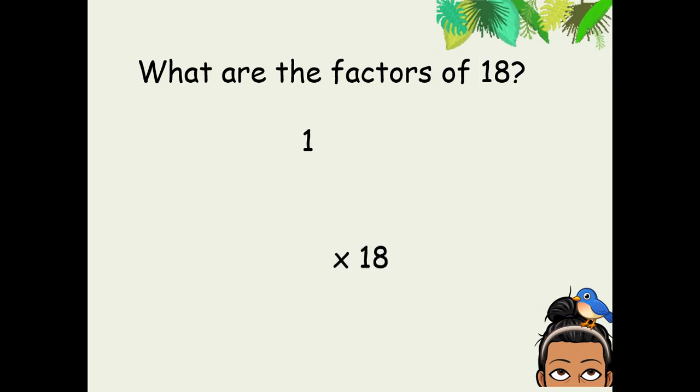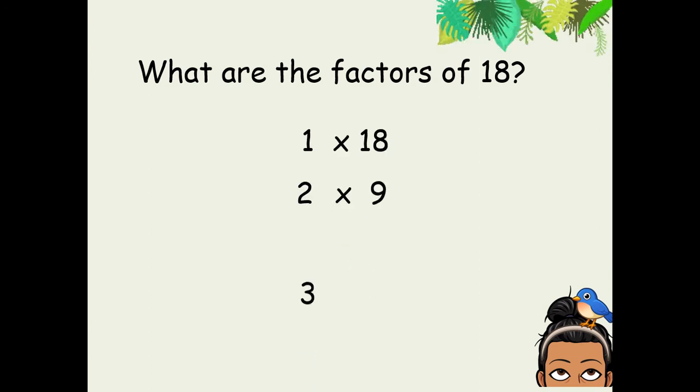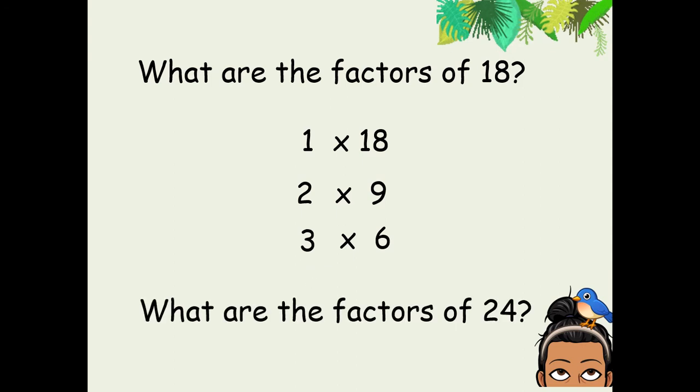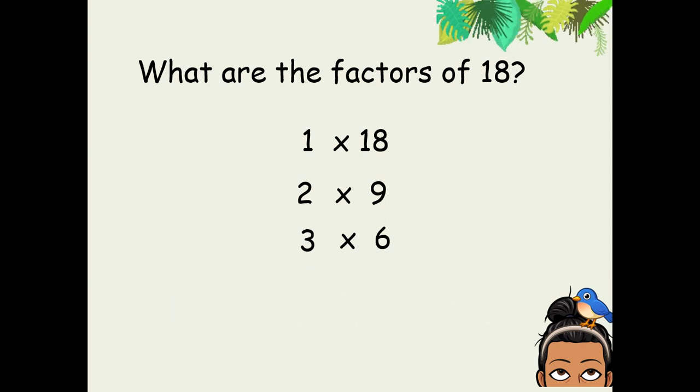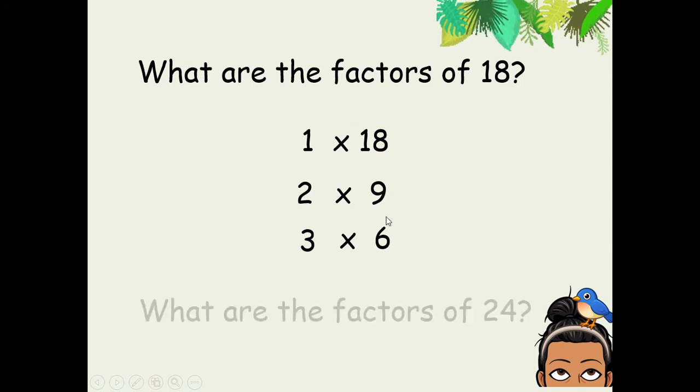So we have 1, we have 2, 9, 3, 6, 4. No, 4 doesn't go into 18. What about 5? No. Is there anything else on the list? No. So 1, 2, 3, 6, 9, and 18 are the factors of 18. They go exactly into 18 without leaving a remainder.